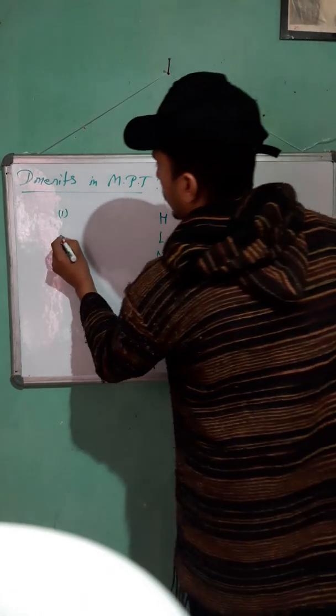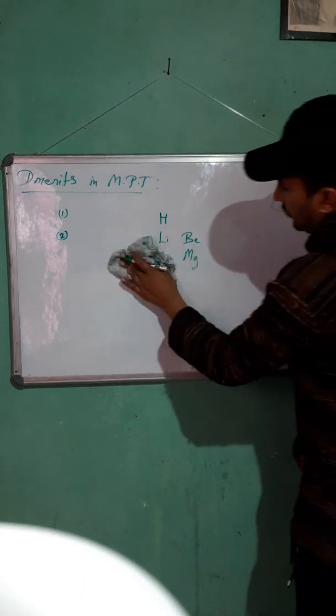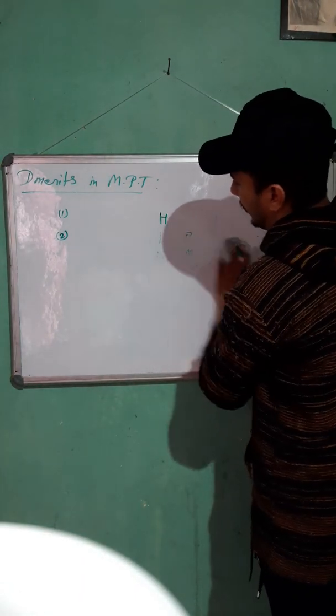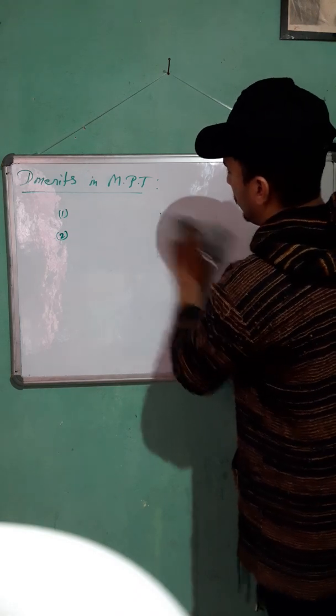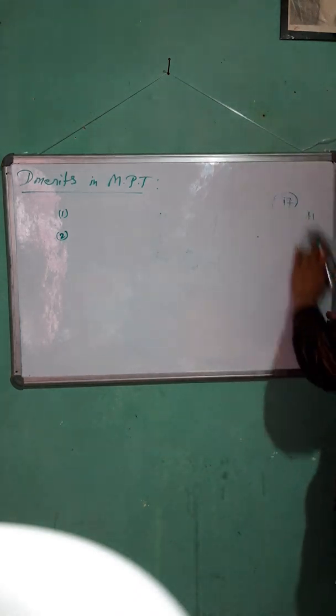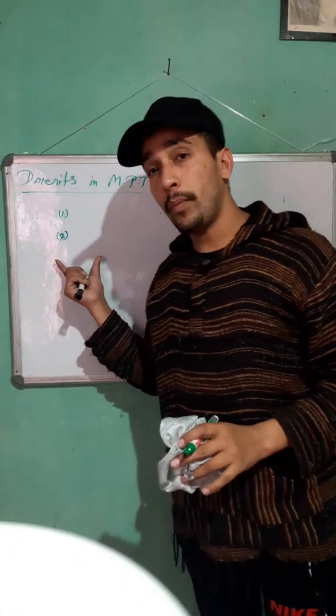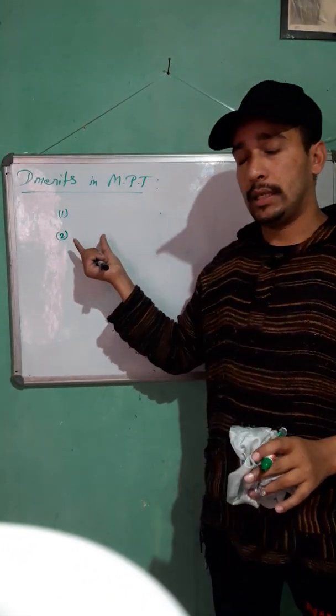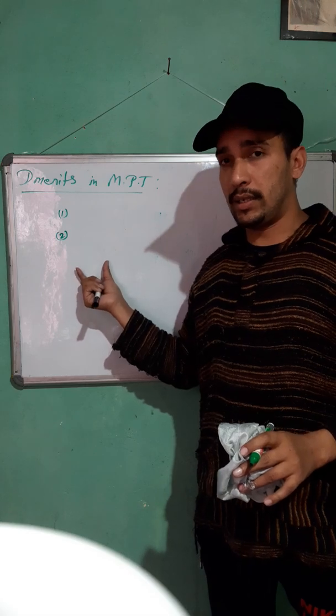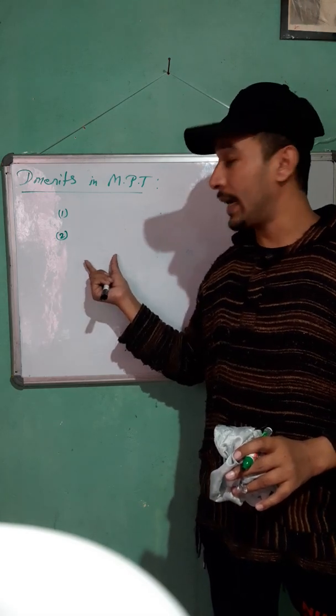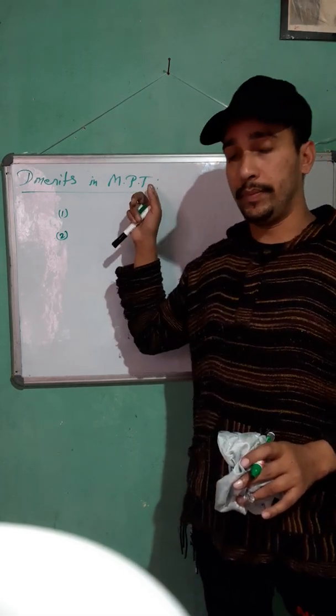The second demerit is the position of lanthanides and actinides, that is, inner transition elements. The modern periodic table fails to accommodate inner transition elements, that is, lanthanides and actinides, in the mainstream.